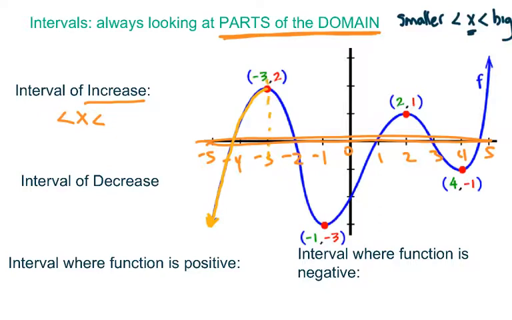So my interval of increase is from this point to this point. But look, that's an arrow, and we know that arrows are, let me get my orange back. That arrow going to the left is negative infinity, and it stops going up right here at x equals -3.